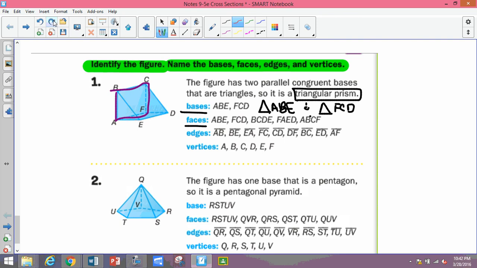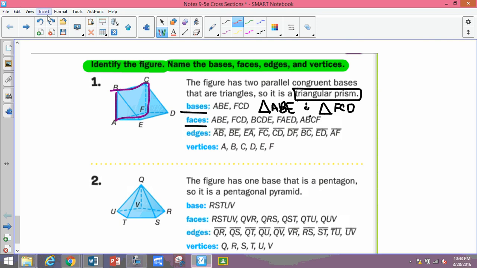Those would be your three faces, and you need to identify them in such a way. Bases are not faces, so I wouldn't include them in that.